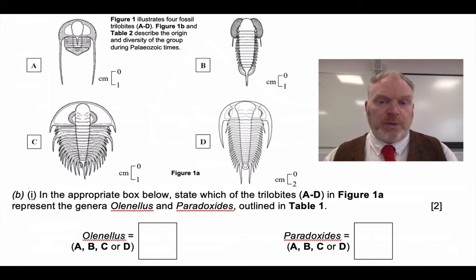This is all about responding to the data and recognizing the description of these, and in particular the different parts of the trilobite, which you are expected to know. Anyway, if you look these up, Olenellus is specimen C, and Paradoxides is trilobite D.